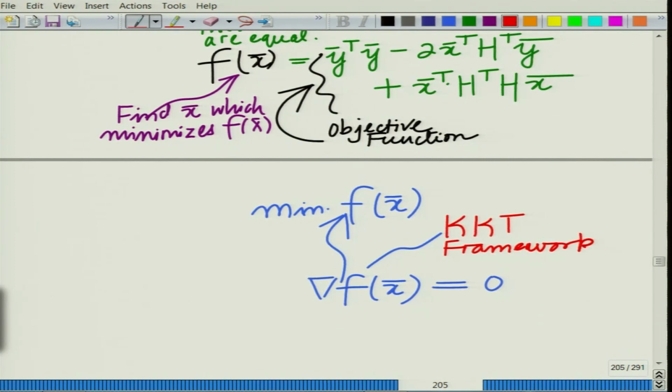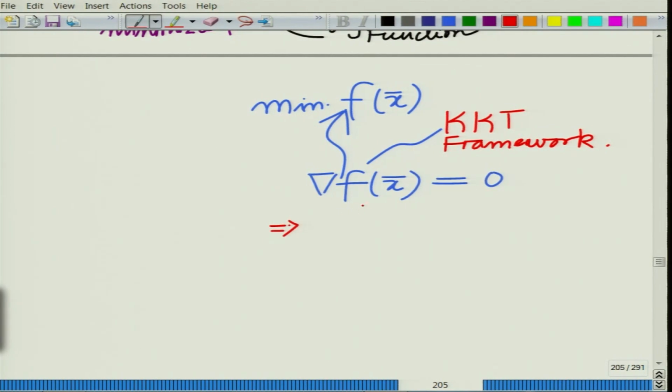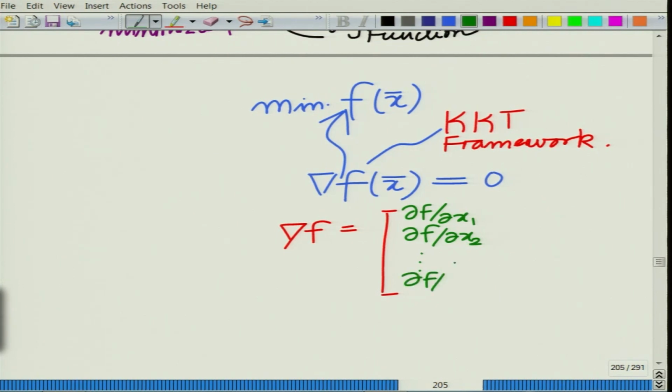Essentially, for a scalar function, what you are doing is computing the derivative and setting it equal to 0, except now x bar is a vector. So you have to compute the partial derivative with respect to each component of x, and set it equal to 0. This implies that the gradient of f of x bar is the vector of partial derivatives with respect to x1, x2, up to xn, and this is equal to 0.